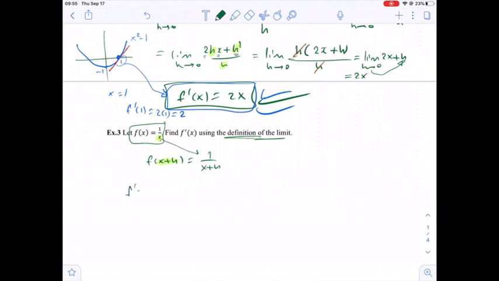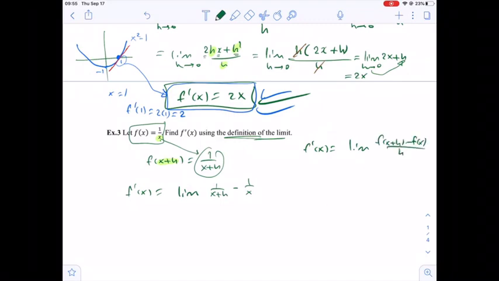Now we use the formula f prime of x equals the limit of f of x plus h, that is 1 over x plus h, minus f of x, which is 1 over x. Let me write the definition here to remind you. So we found f of x plus h.